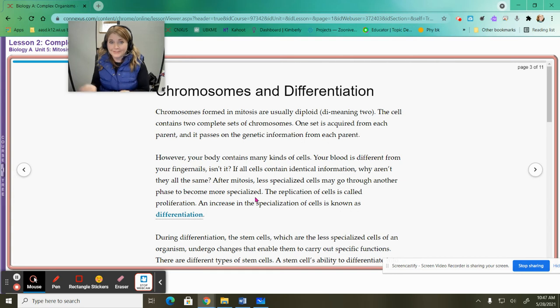You're growing taller. The only way you can grow bones and skin and muscle is by mitotic division, mitosis. So growth and healing and some cells just replace themselves because they get damaged through contact with lots of things. Like your skin is constantly replacing itself, like I mentioned to you the other day. So all of these things are happening because of the process of mitosis.